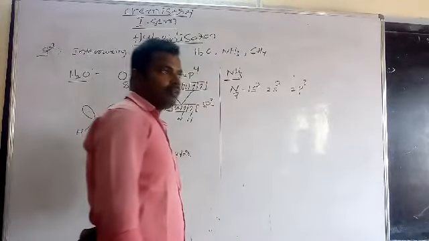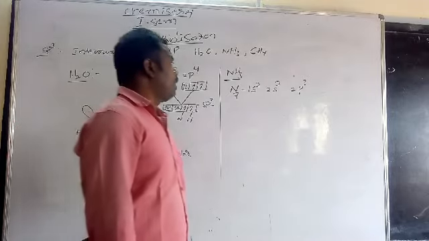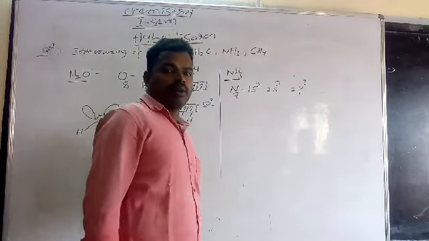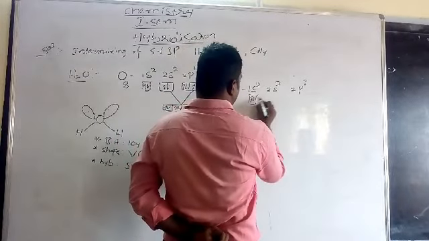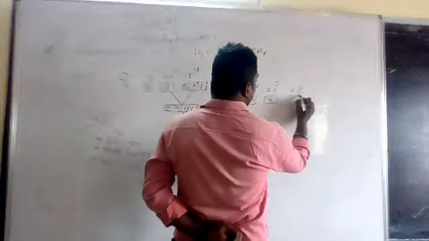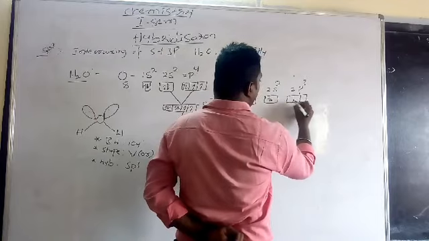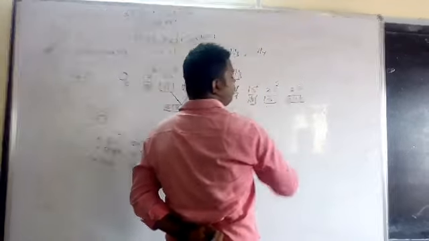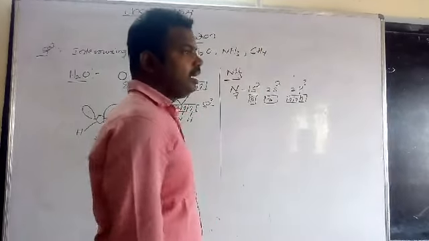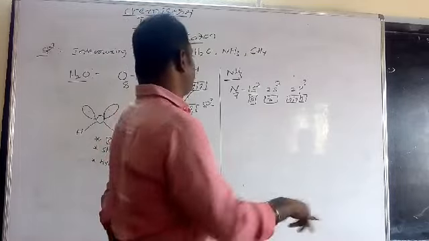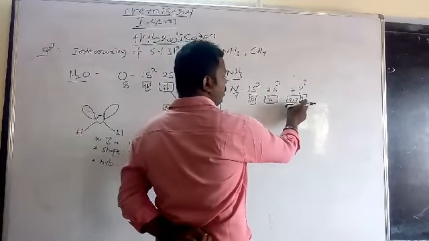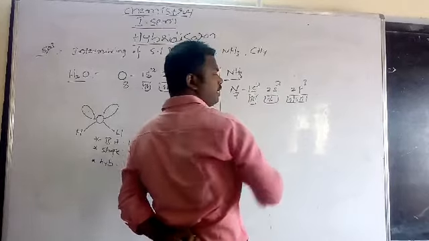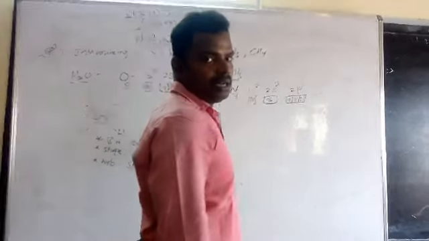For the formation of ammonia, nitrogen requires 3 unpaired electrons. Already 3 unpaired electrons are in the ground state electronic configuration of nitrogen.